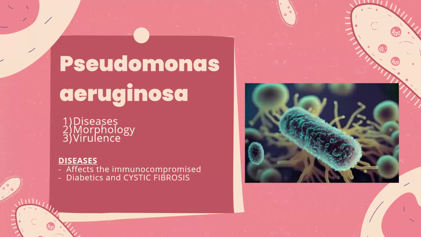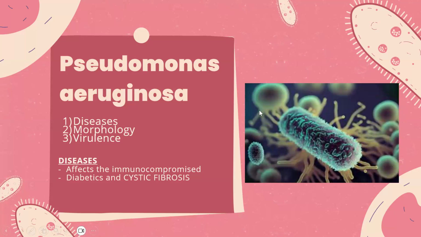So Pseudomonas aeruginosa is our last organism in the second lecture, which is again involved in chronic otitis media, excuse me. And the thing that I noticed in the lecture is that all of them will affect the immunocompromised, because you have to have the immune system affected in one way or another, so a suppressed immune system.